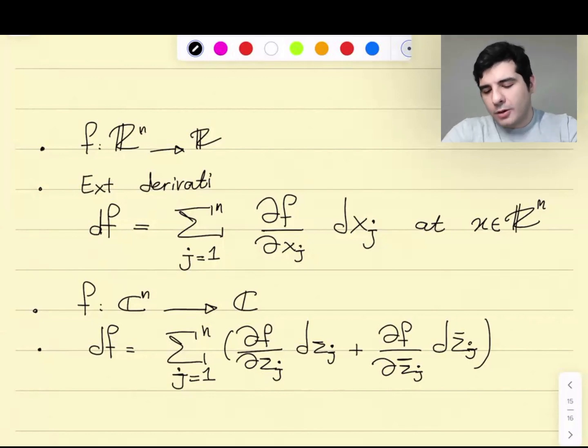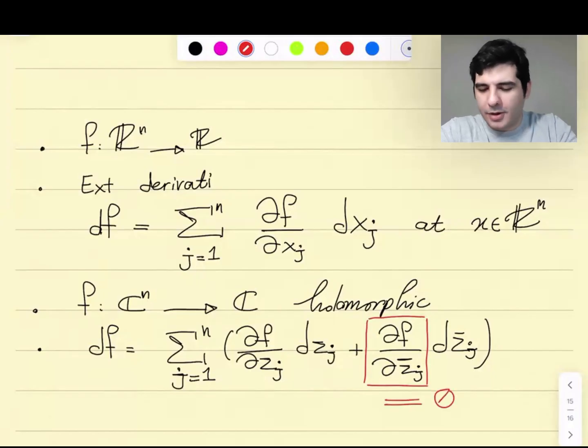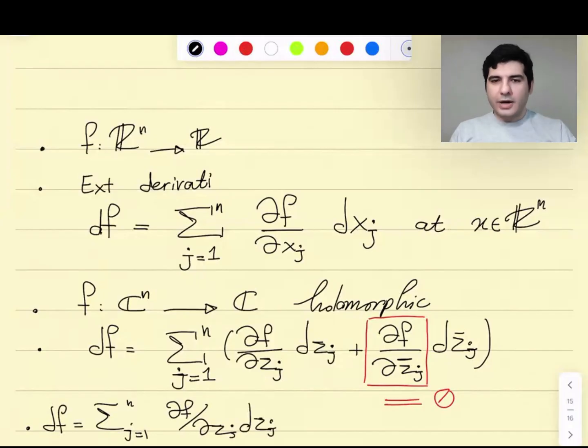Now, if f is holomorphic, all these derivatives with respect to zj bar vanish, they're all equal to 0. So in that case, df would be equal to the sum, j from 1 to n, of the derivative of f with respect to zj, times dzj. So when you look at the expression for df, you don't see any dzj bar.